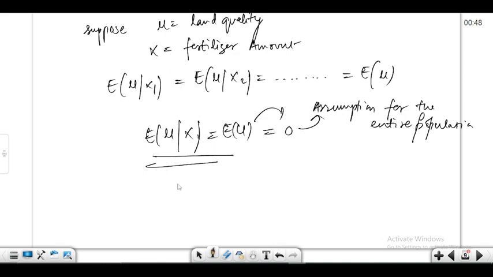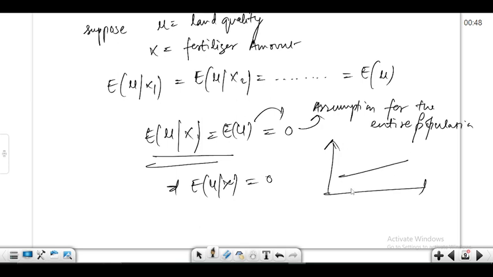So this implies that the expected value of u given x is equal to 0. This is the thing that I was trying to prove here, which is why I had to cut that equation that I was writing in a previous slide. So this is x.